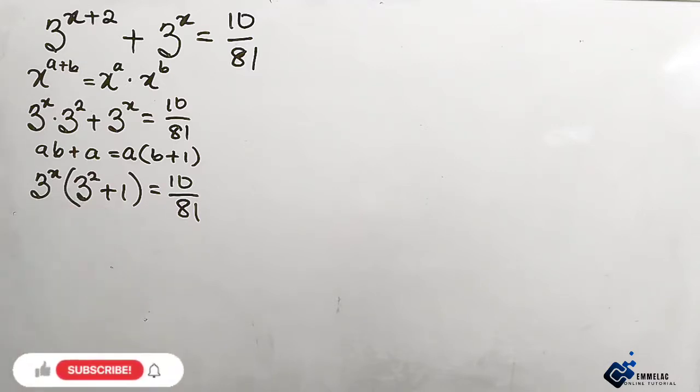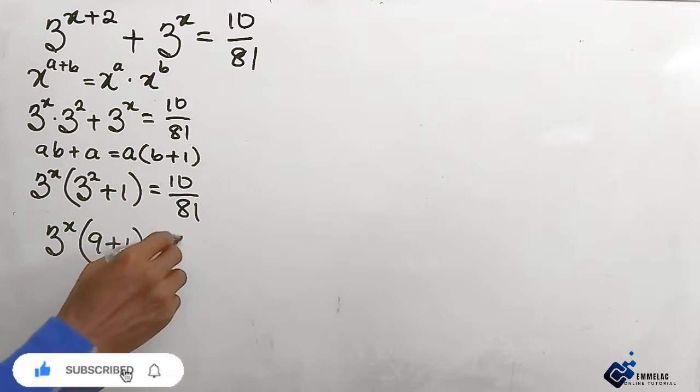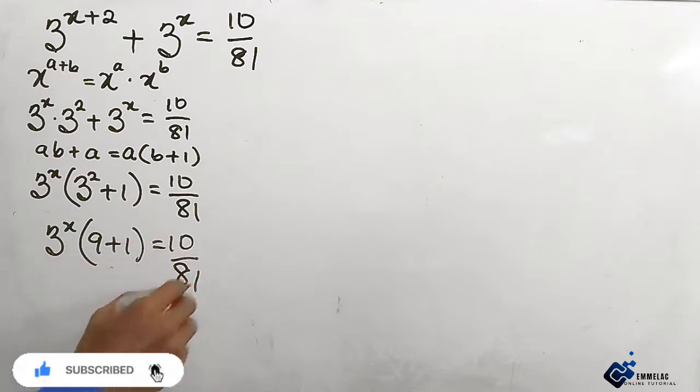With this we can now say 3 raised to the power of x times 9 plus 1 equals 10 over 81.